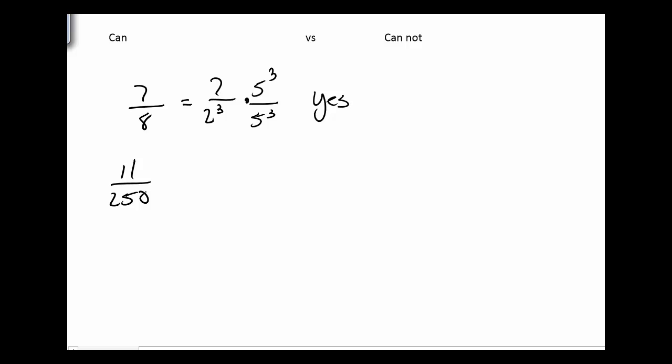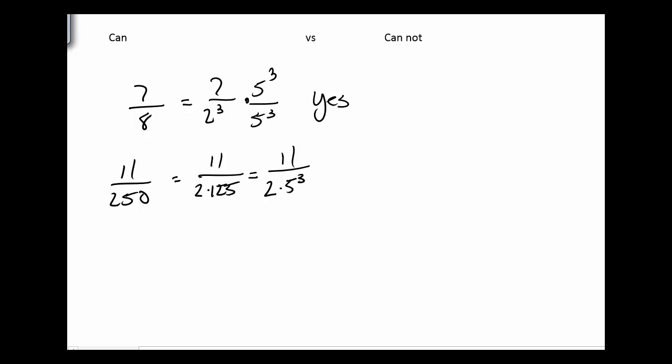Let's think about how we're making this decision, how we write our denominators. Not the numerator. We saw 11 a second ago, and a second ago it was no, but this time 11's in the numerator position. Well, 250 is 2 times 125, which is 2 times 5 cubed.